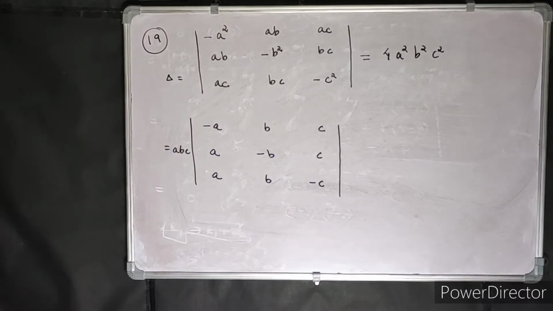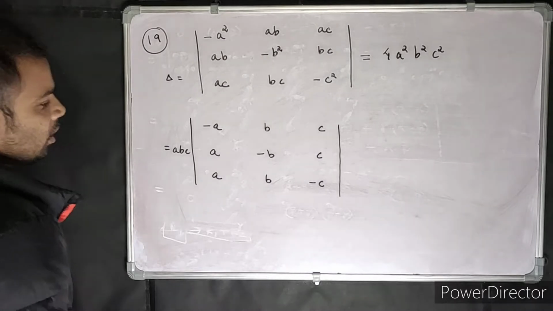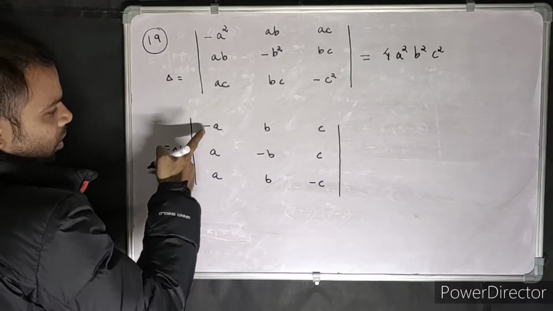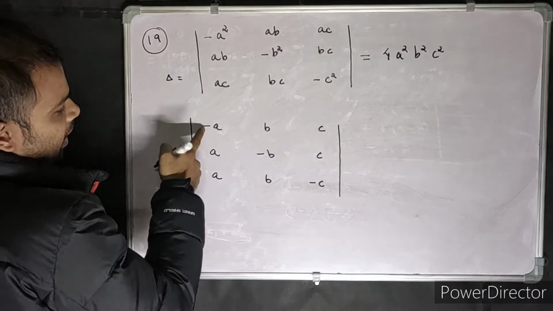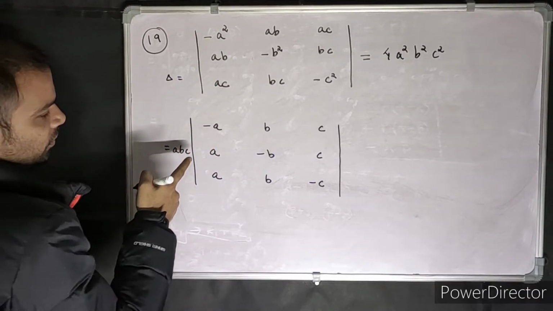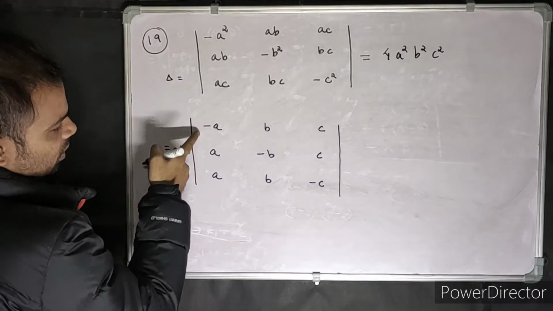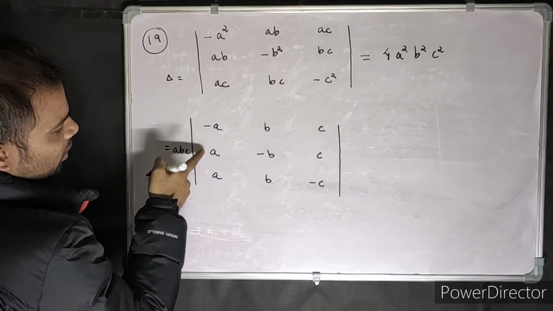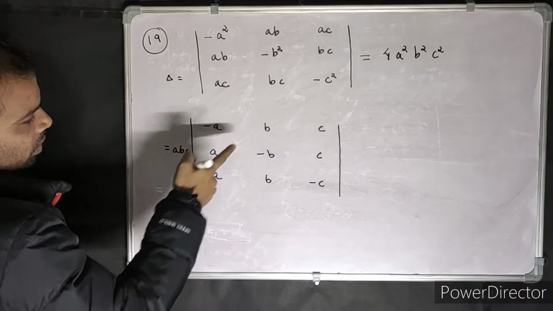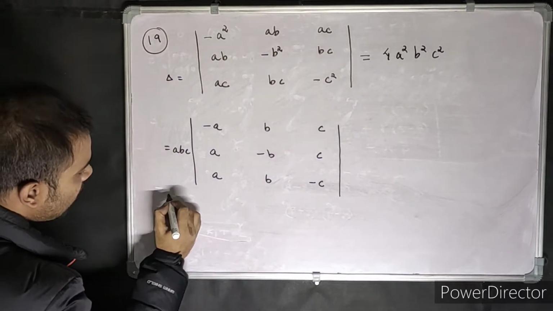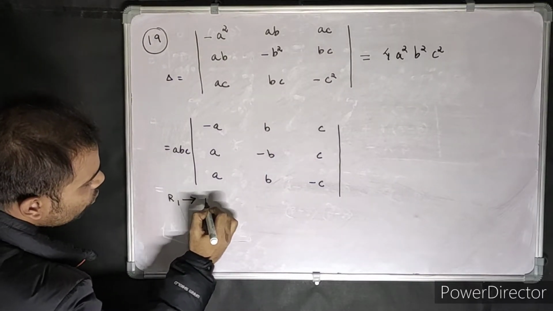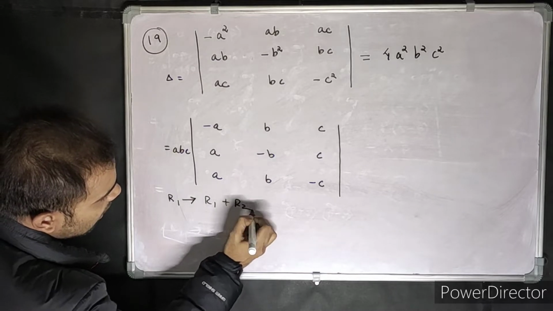Now the next step is to do the operations. If you add the first and second row, you see here it becomes 0, here also 0, and over here you get 2C. So R1 tends to R1 plus R2.